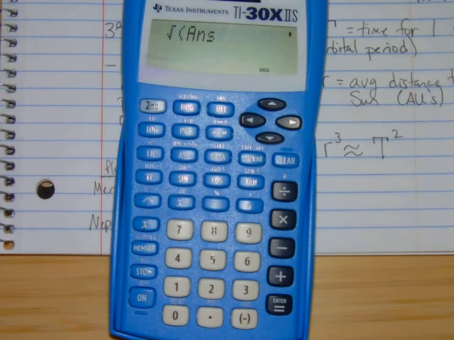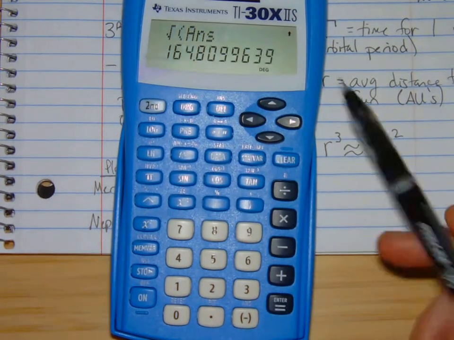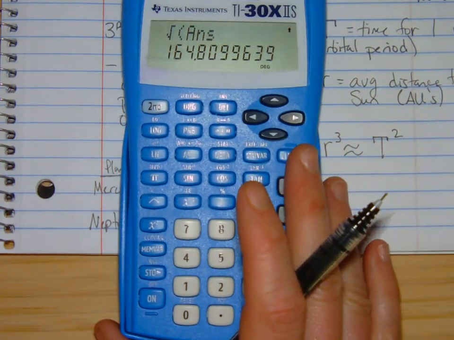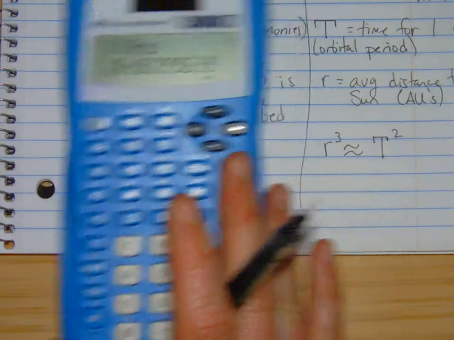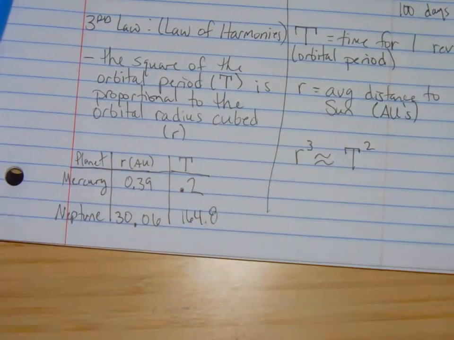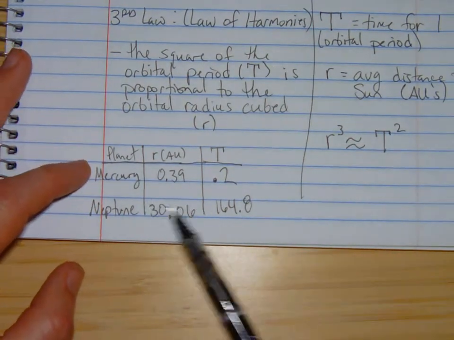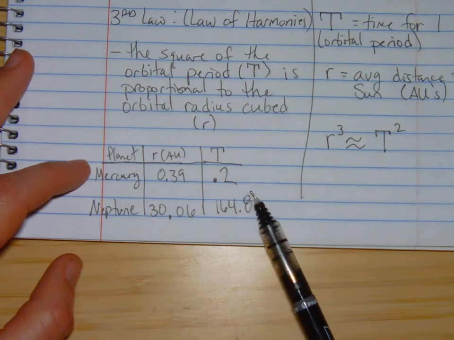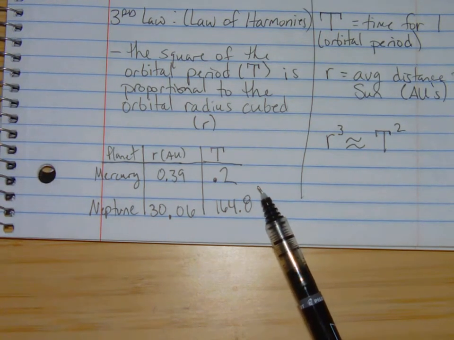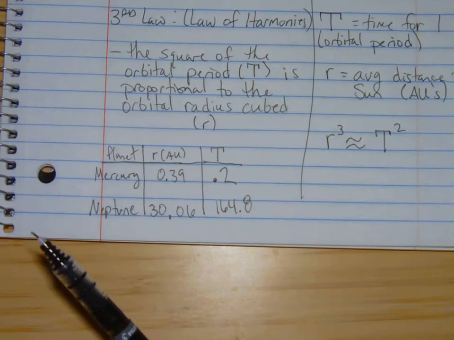Second negative brings up the answer function, so it's recalling that big old answer. And we have 164.8. Okay, 164.8. So what we're seeing here is as that orbital radius gets bigger, that period is also getting bigger. All right, and we're seeing them go up at kind of an equal rate.